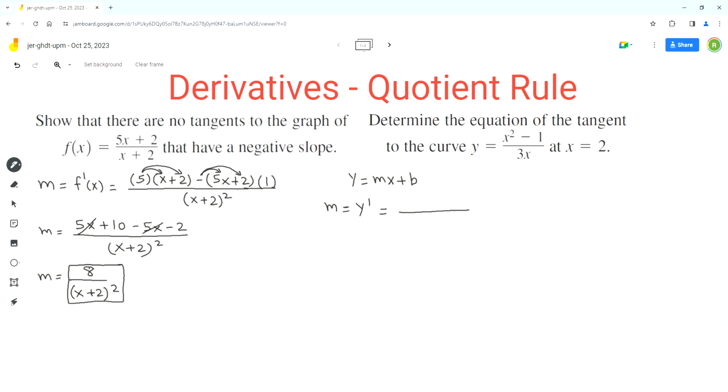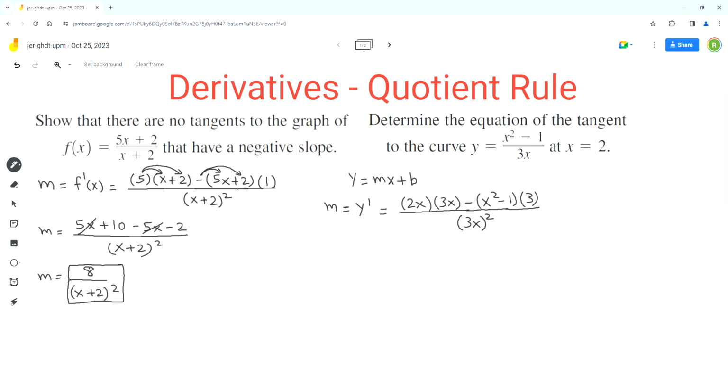So we start with the derivative of the numerator, which will be 2x, because 1 is a constant so its derivative will be 0, times the denominator, minus the numerator expression x squared minus 1 times the derivative of the denominator, which is just 3, over the square of the denominator.